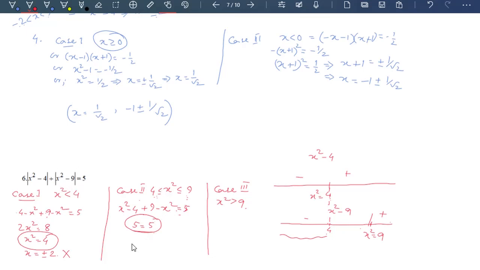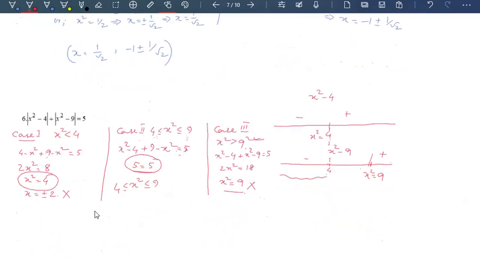So this is giving you the solution. For x square equal to 9, but in this case x square is greater than 9, so this solution will not be taken. Now our valid solution is all x such that x square lies in between 4 to 9.